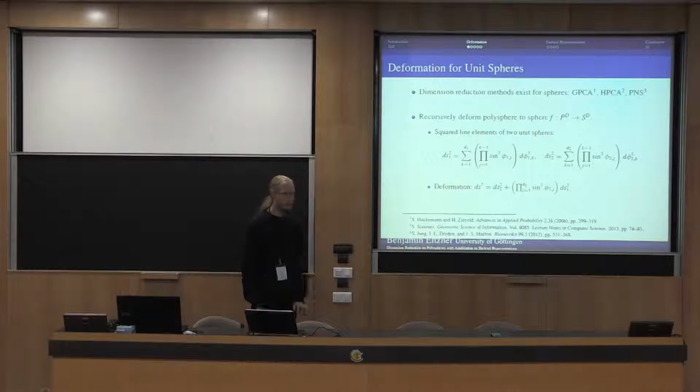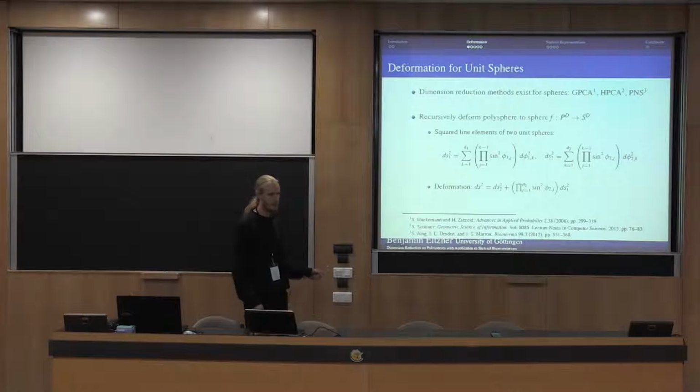So our idea is to just do a deformation, and this is similar in some sense to a tangent space picture, only that we take a sphere as a model space and not a linear space. And we do this because we think that actually for dimension reduction, a sphere has in some sense nicer properties than linear spaces.